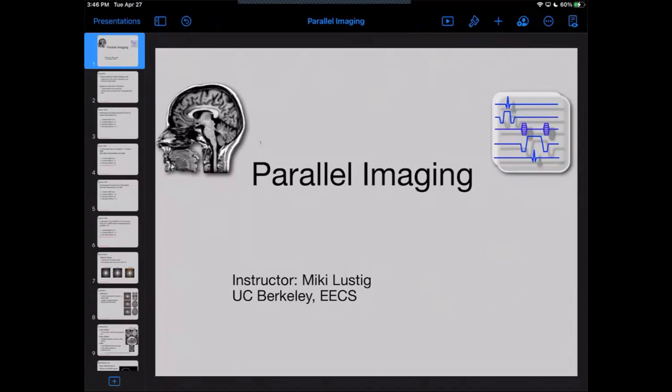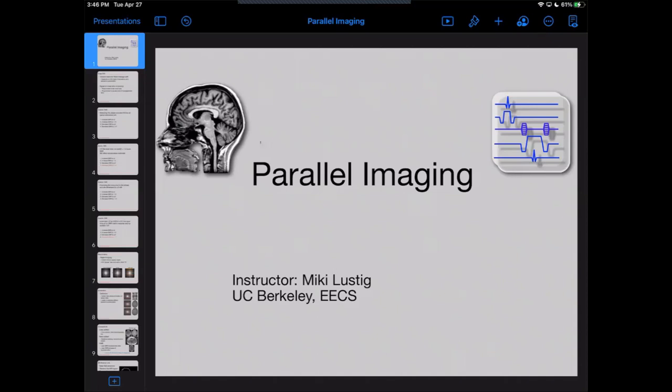Okay, so far we've basically considered the situation where we have one transmitter and one receiver, and those are pretty much sensitive to the entire volume in a uniform way.